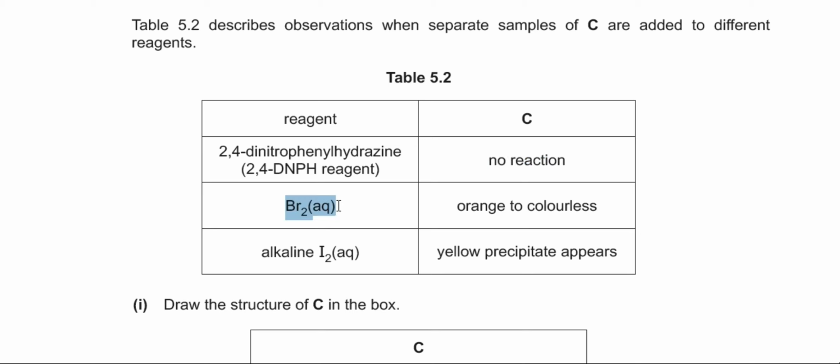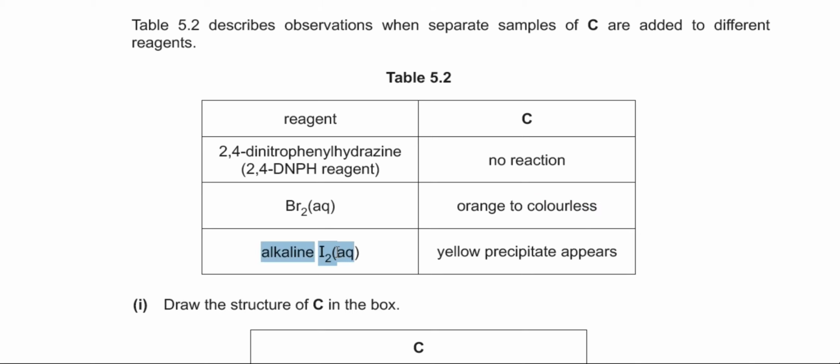For bromine, remember this is used to check the presence of a double bond. In A2 there is a different test as well, but as we are at AS, this is only for the alkene. As the orange color decolorizes and turns colorless, it confirms the presence of a carbon to carbon double bond.